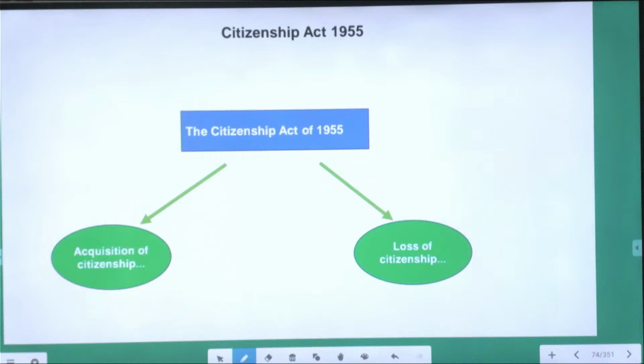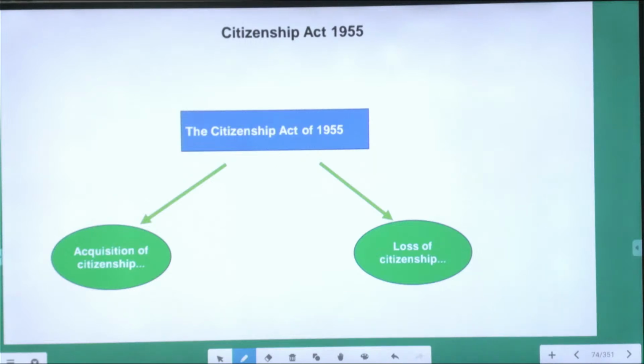So using the power given under Article 11, the Parliament has come up with the Citizenship Act 1955, which provides how any person can acquire citizenship after the commencement, and how citizenship can be terminated, even for those to whom the status of citizenship was given by Articles 5, 6 or any of the provisions.